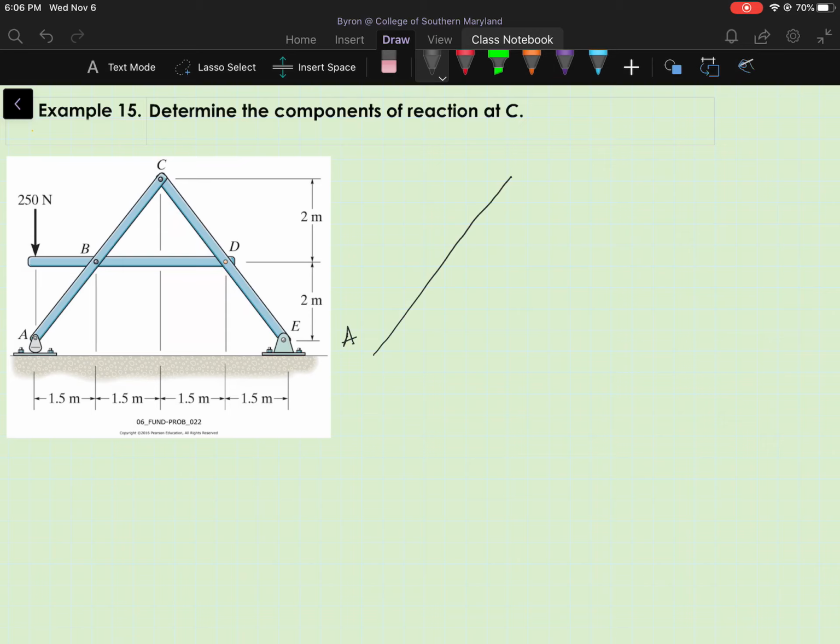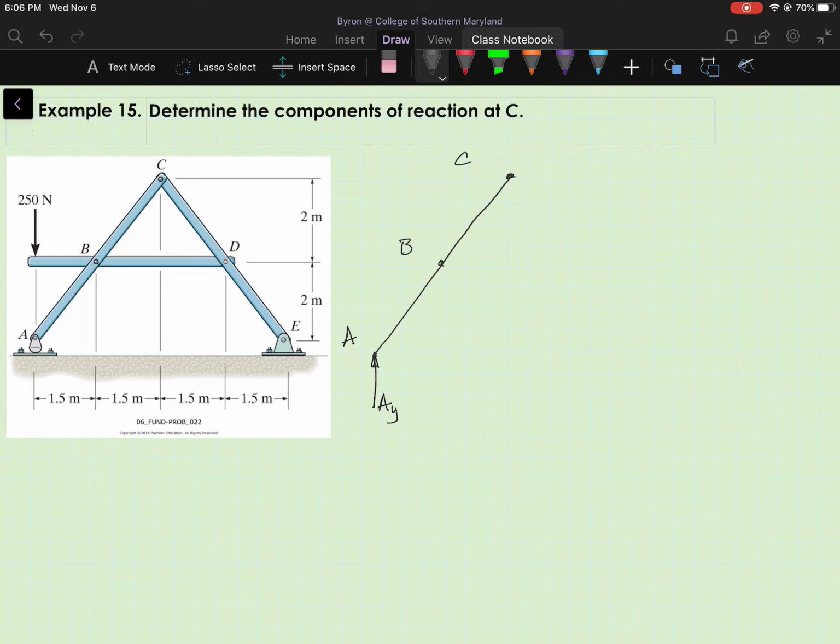So here's A, B, and C. And at A, I have a rocker, so I'm going to show an unknown force in the vertical direction, and I'll call that A sub y.